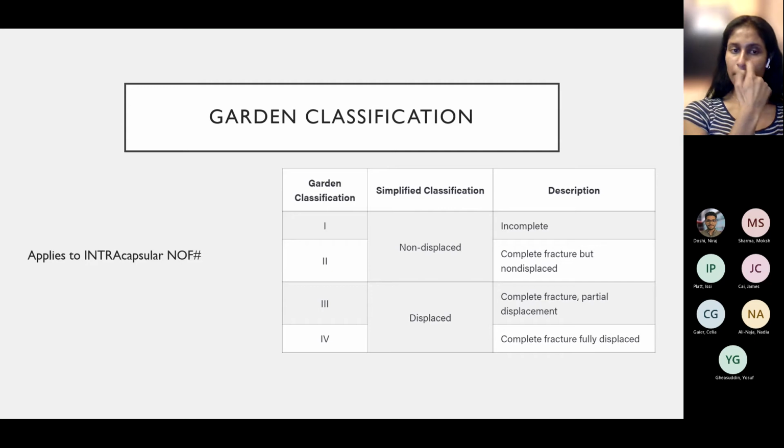I find 3 and 4 a bit more difficult to differentiate, but if it looks completely like it's going in 2 different directions, you know it's going to be a 4. But if it's slightly displaced but not so obviously, then 3.